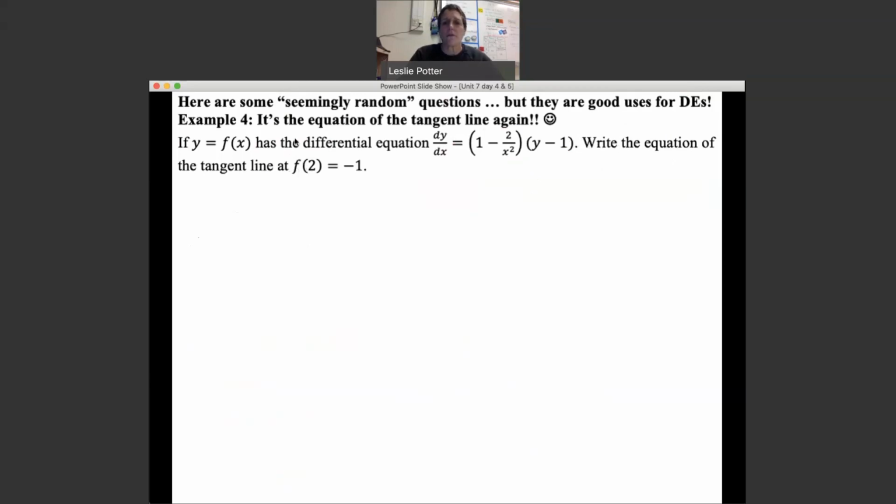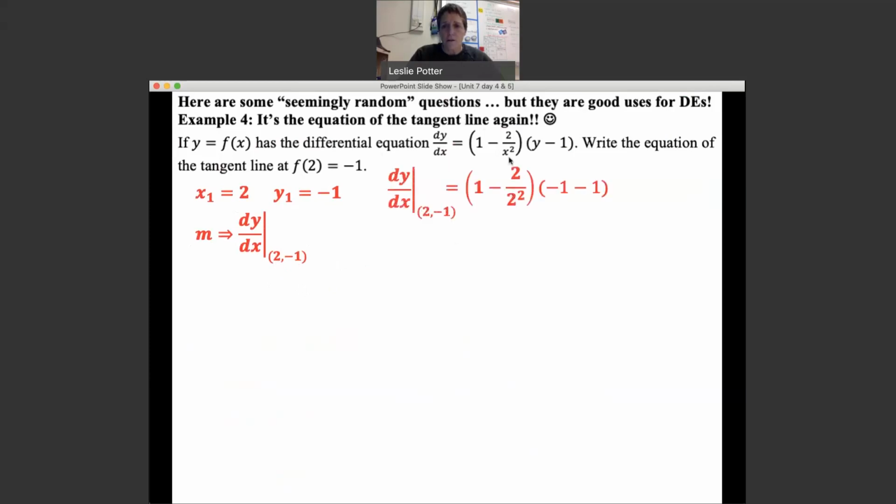This tells us my x and my y: my x1 is 2, and my y1 is -1. Now I need my slope. When I say slope, you think derivative. Here's my derivative. So my slope is my derivative evaluated at x equal to 2 and y equal to -1.